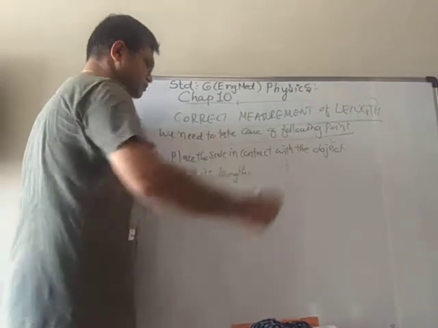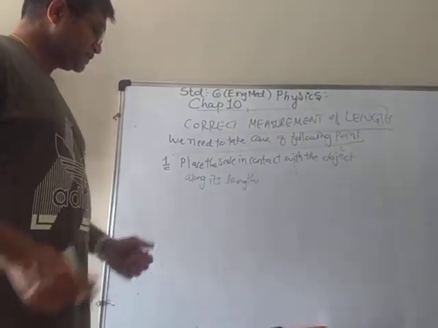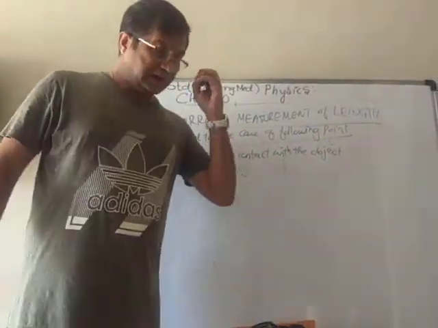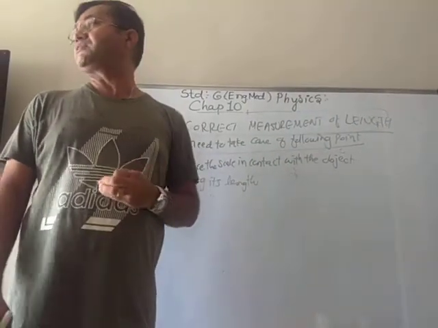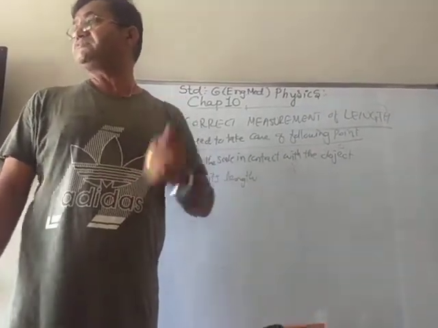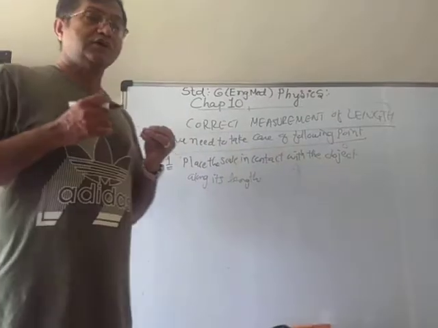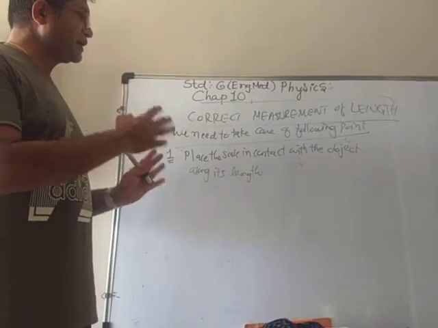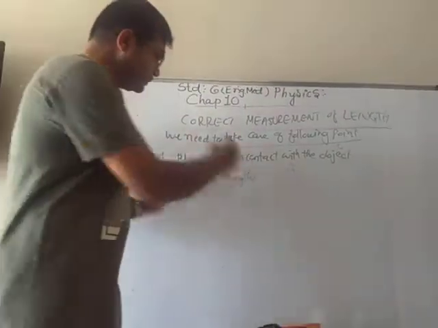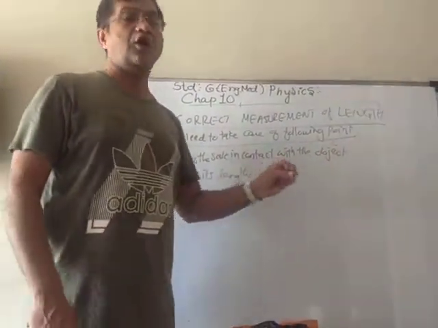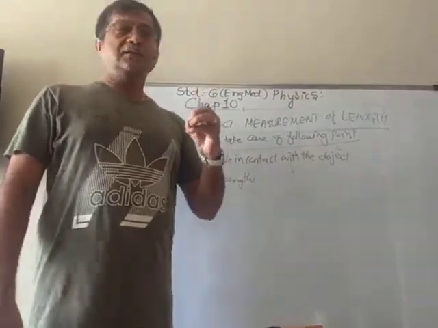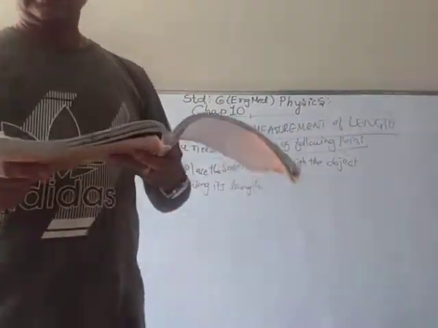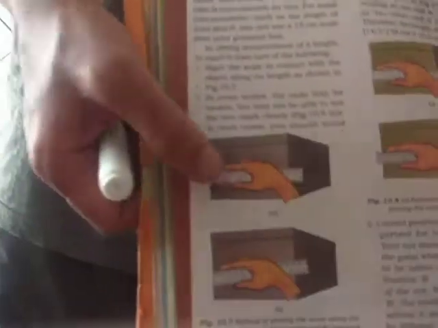It means that if you want to measure the length of any object, then it is necessary that you take the scale and put it such that it is exactly touching, in contact with the object. It is shown in the figure also here that you have to come exactly in contact with it.